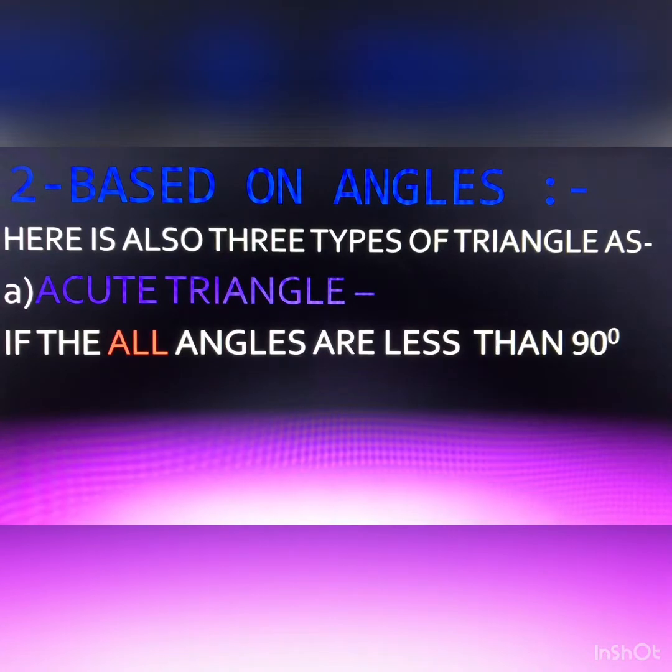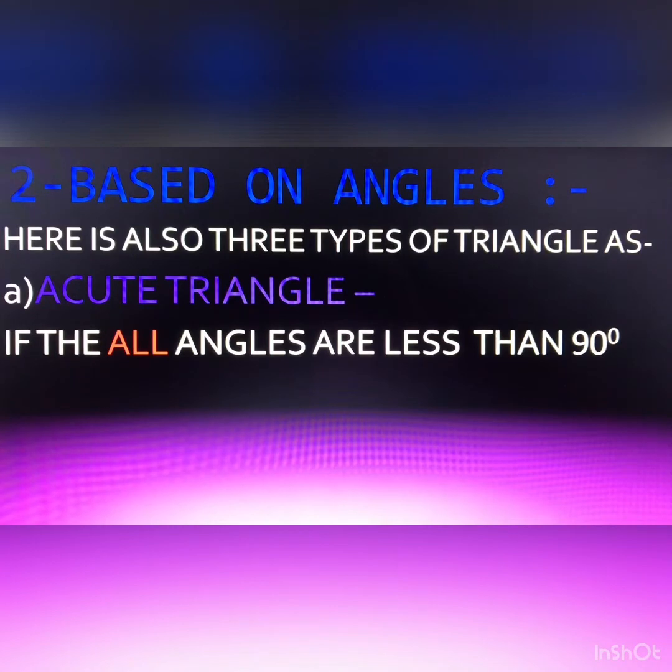Now number two, based on angles. The second type of triangles are based on angles. Here too there are three types of triangles. Number one, acute triangle. What is an acute angle triangle?